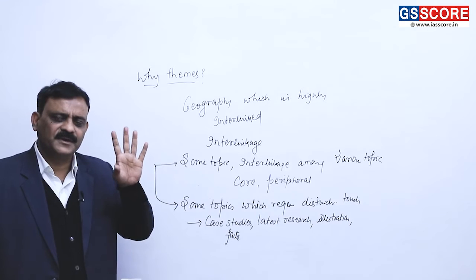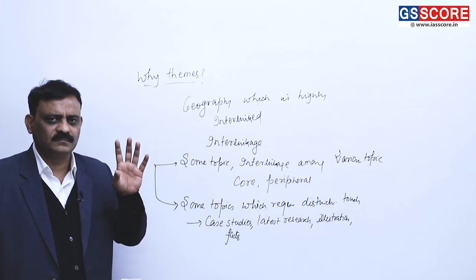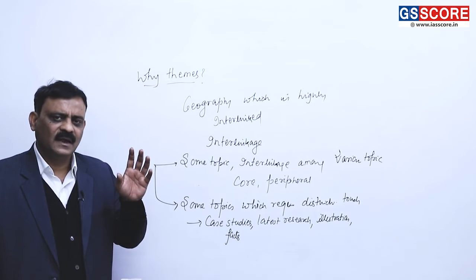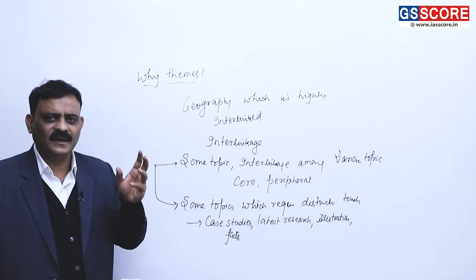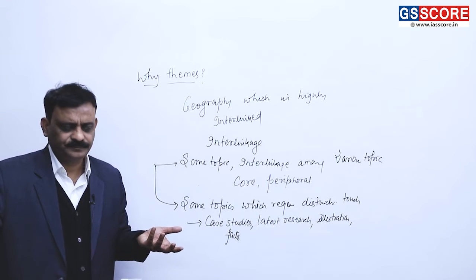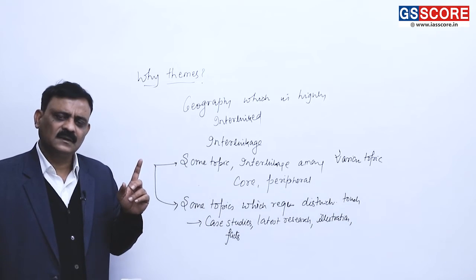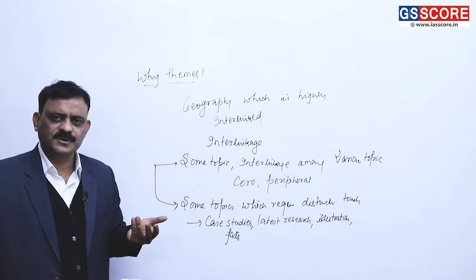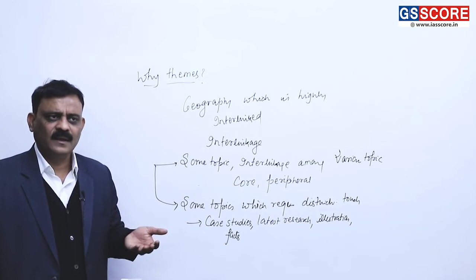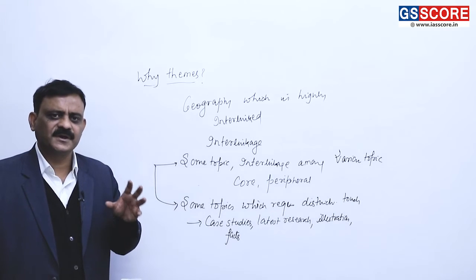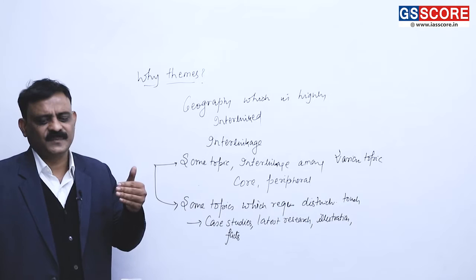So that is actually the main purpose of dividing geography into various themes, and covering nearly most of the syllabus. So you will be given one theme in a month, and you will be given some questions related to that theme. And before giving you a question, we will give you a certain explanation about that theme, what you are expected to study in that.